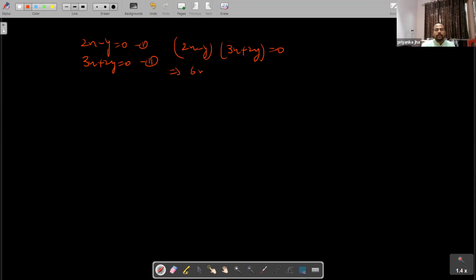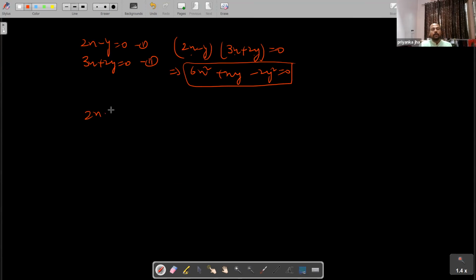You will get 6x squared, 2x into 2y, 4xy minus 3xy, so plus xy minus 2y squared. See, you got this equation and this satisfies origin. Origin will satisfy this. And also we know that this is the equation of lines passing through origin only, right?